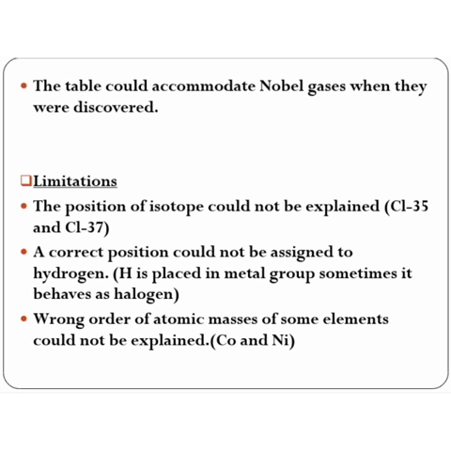Next, the wrong order of atomic masses of some elements could not be explained, that is cobalt and nickel. One among you asked this doubt in the previous class, I think Nitya. So Nitya, here is a proper explanation for your doubt. According to Mendeleev, the arrangement should be in increasing order of atomic masses, but cobalt and nickel were placed wrong.